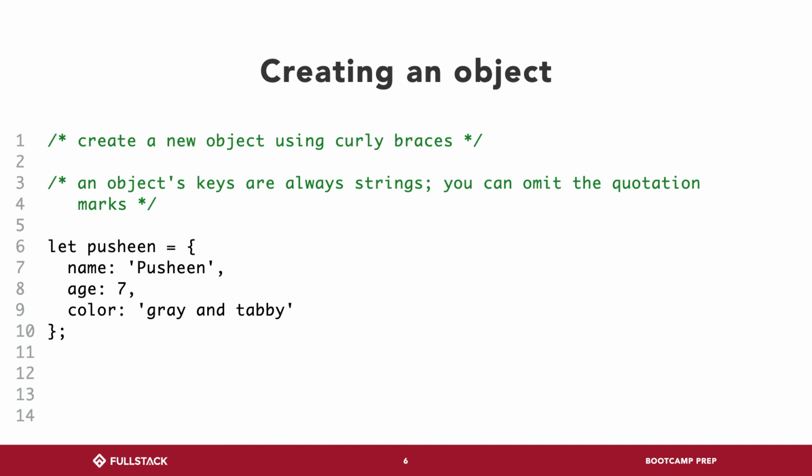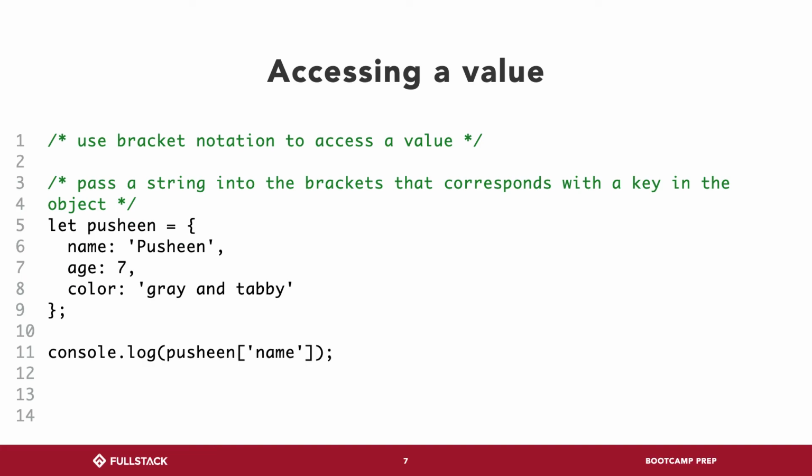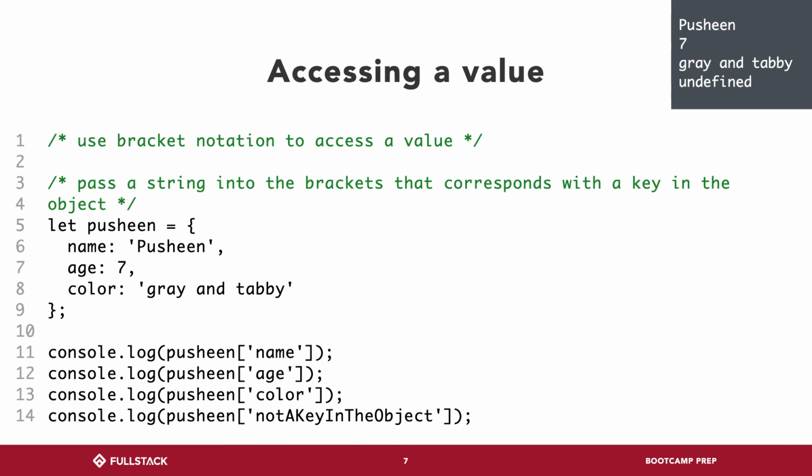Any other questions? But you can still add to the object with const? Yes, because you were not reassigning anything, you were mutating. If we wanted to change the name of Pusheen, we would just do name equals this.